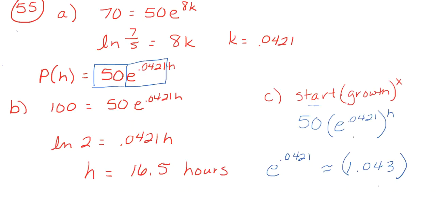And so how much percent is this culture growing by? Well, the 1 represents the original amount of the culture, and remember when we're given the percent, we put it into the growth. So 0.043 as a percent is just 4.3%. So that is the hourly percent increase of this particular protozoan culture.